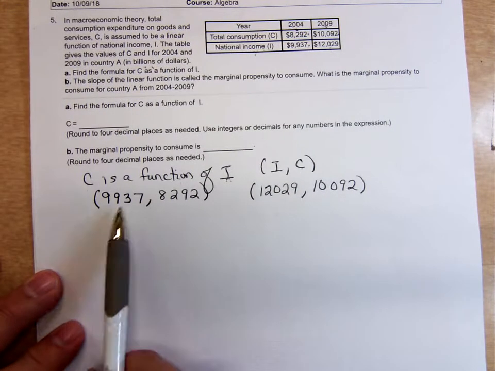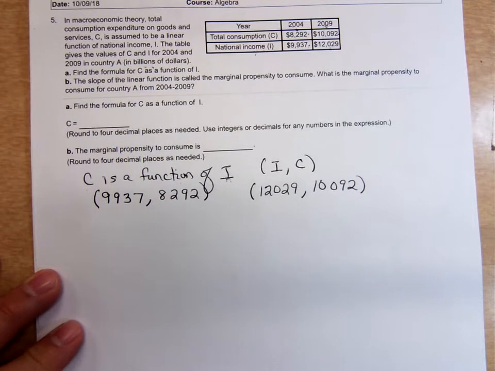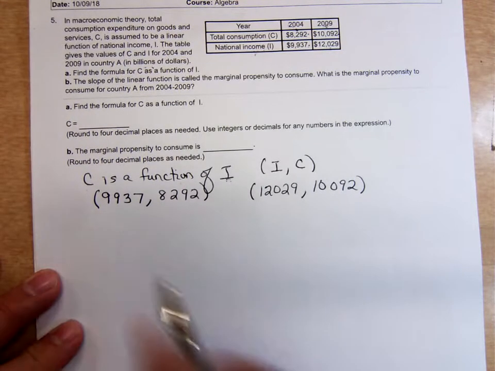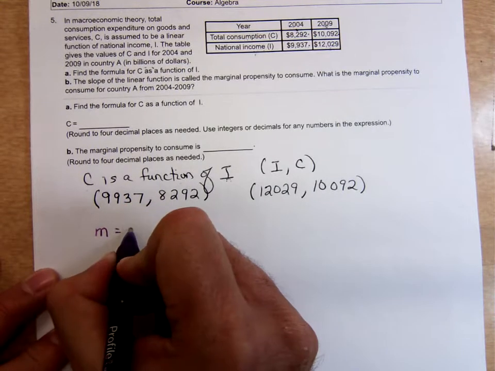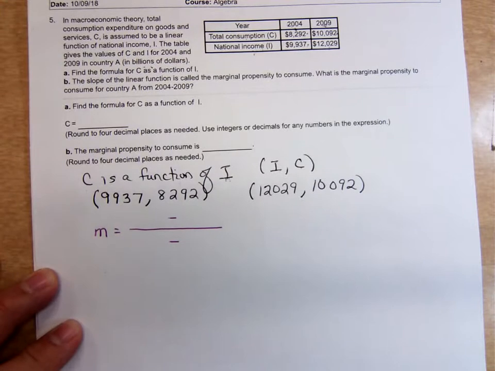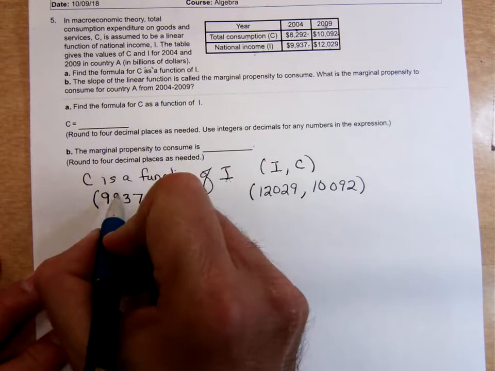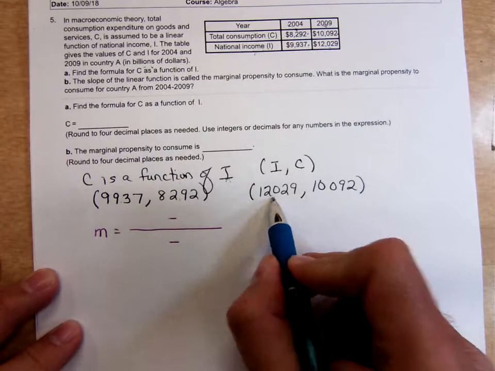So now that we have the two ordered pairs, to write a formula, we're just going to find the slope. We're going to write an equation, y equals mx plus b. Remember, when you have these ordered pairs listed like that, it's always x1, first y, second x, second y.